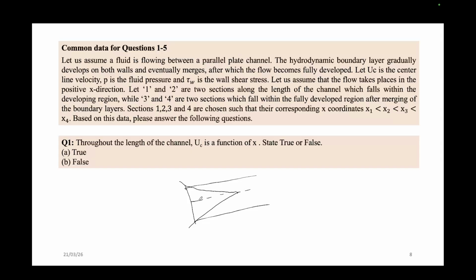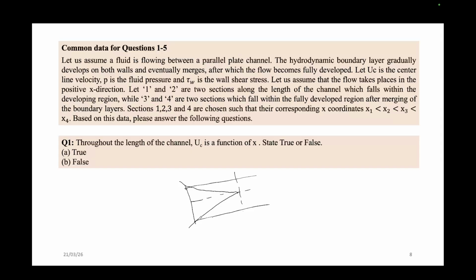what is fully developed flow, or what is a boundary layer? The boundary layer basically is an imaginary line that we have generated based on the viscous nature of the fluid. Because of the viscosity, the velocity here is almost zero, and after that it suddenly increases. Because of this sudden increment, we plot a point, and similarly for each and every layer we plot a point.